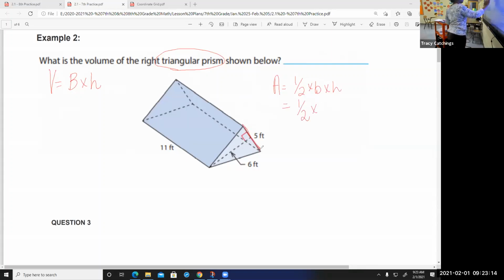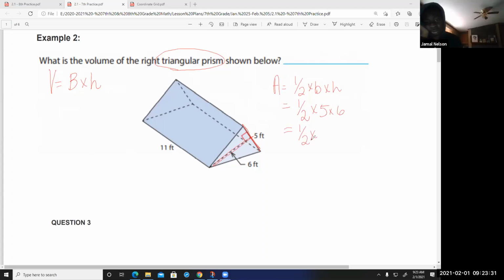What's the base and the height of the triangle? 6 and 5. All right, 5 times 6 is 30. Half of that is 15.